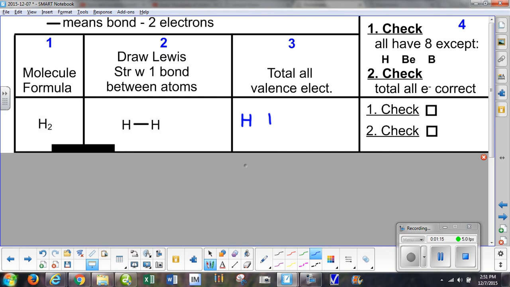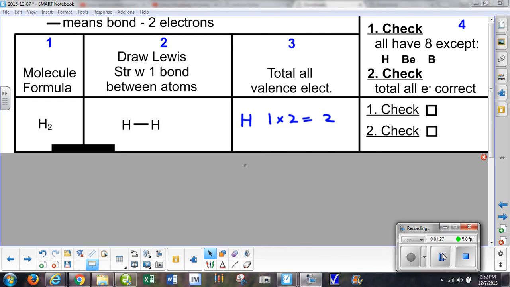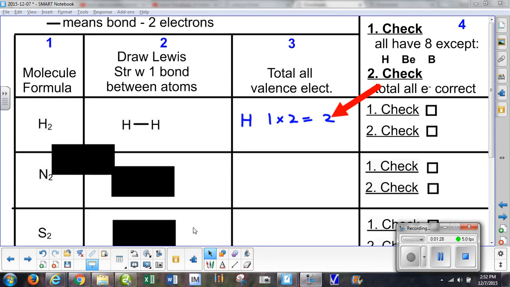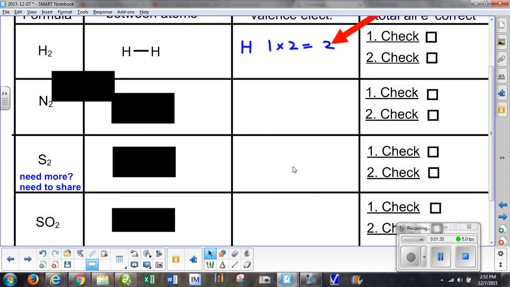Okay, how many hydrogen atoms are in the molecule? 2. So it's 1 times 2 is equal to 2. Now, so 2 is the number, and that's what we want for this particular molecule.